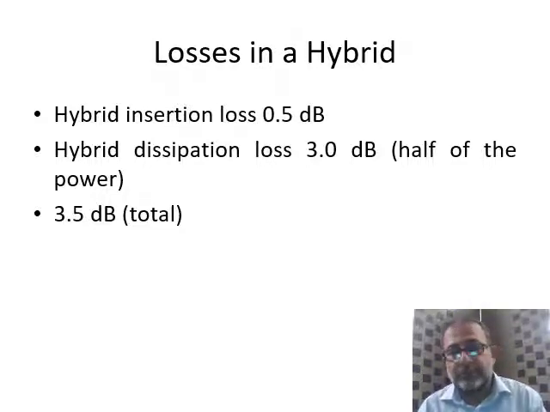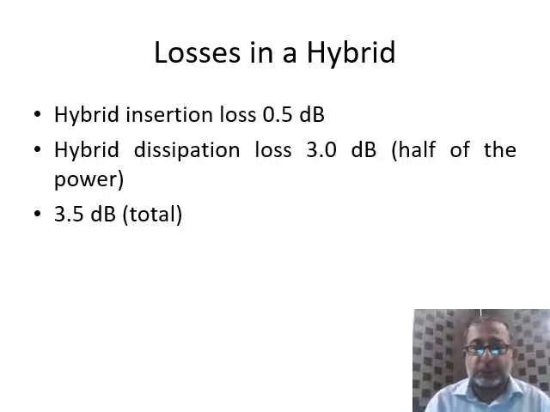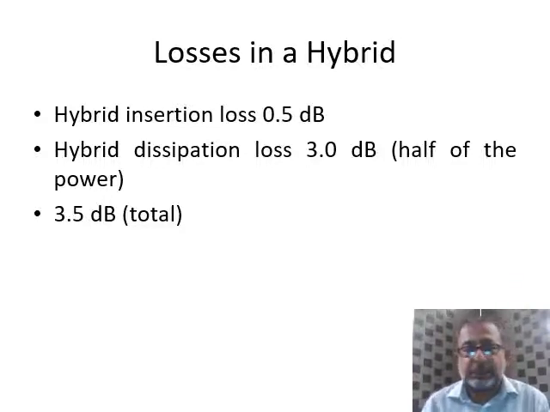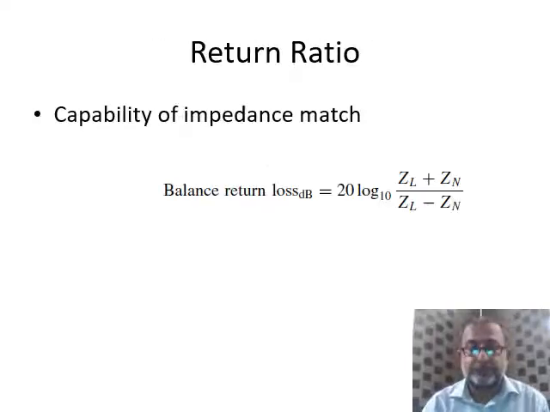So there's a total of 3.5 dB of loss when we use a hybrid or the terminal set. But the advantage is that we have got a four-wire system, and we can place amplifiers on the reception as well as transmission of the signal.